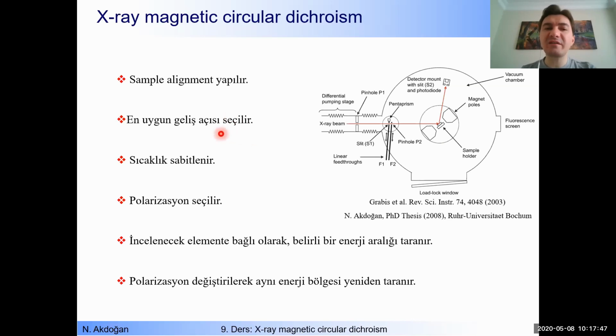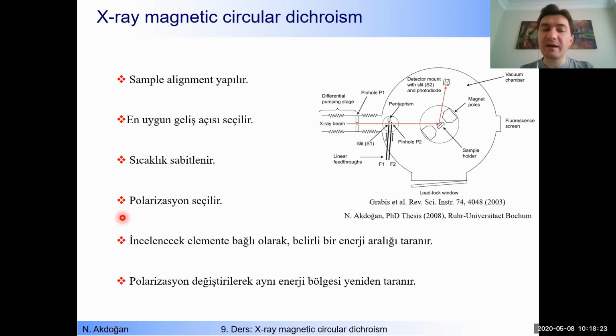And as we discussed during the last lecture on XRMS, you can select the best incoming photon angle, the best theta angle. Actually 2 theta is not required here. So you select the best theta angle, the incoming photon angle, and then you have to set the temperature. This is very important. The temperature shouldn't fluctuate, otherwise you cannot get good data.